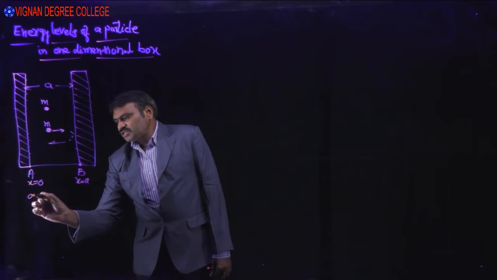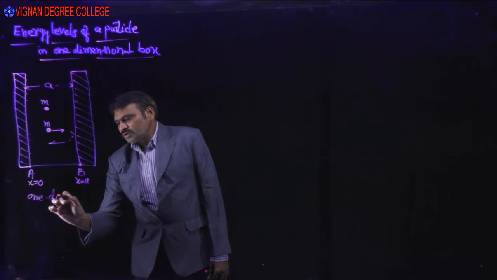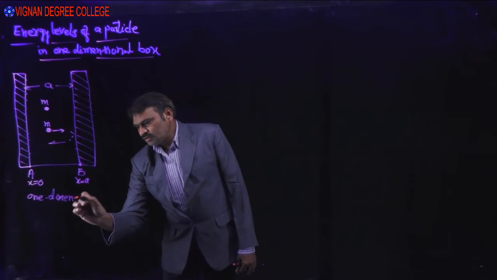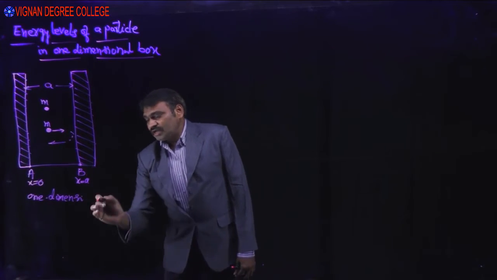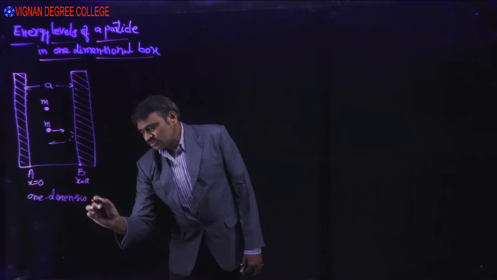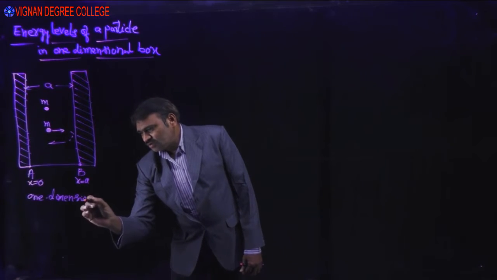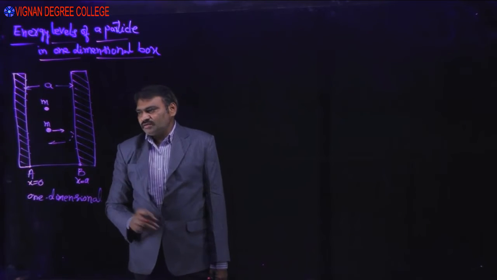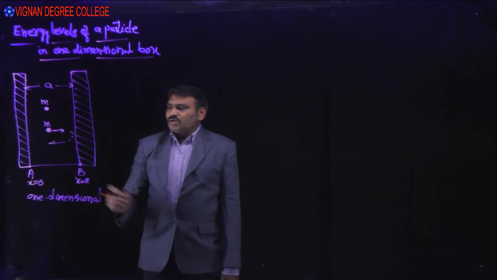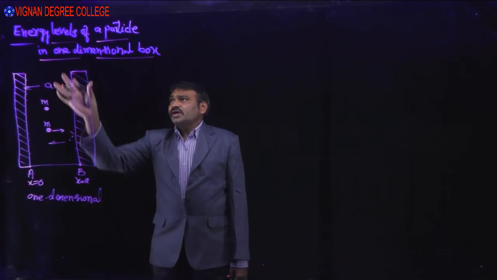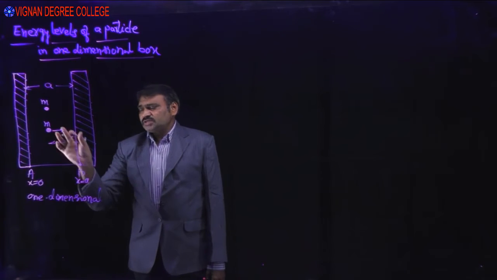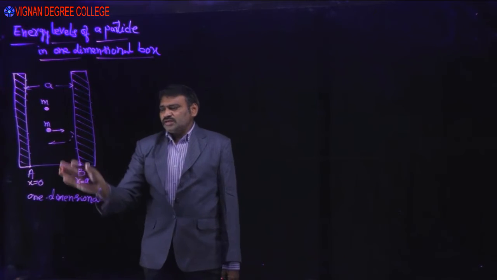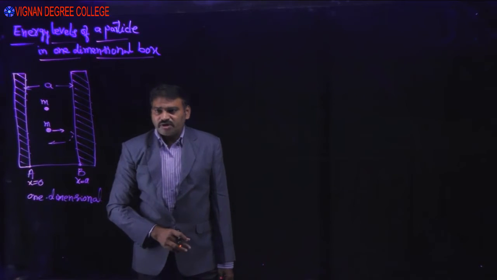Why is this a one-dimensional potential box? Because we are considering that the particle is moving in one dimension, so we call it a one-dimensional potential box. Generally, a box is three-dimensional, just like space. But here the particle is moving only along the x-axis, so it is considered a one-dimensional potential box.